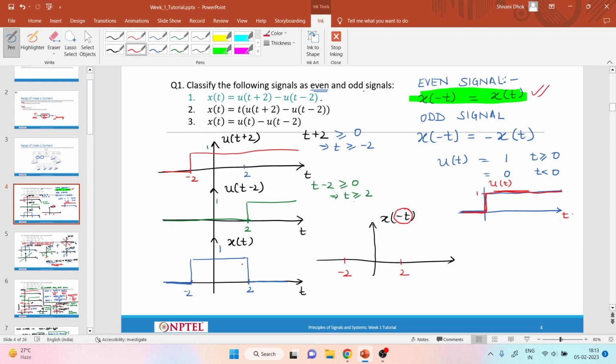Whatever was here at t equal to 2 will be here at t equal to minus 2, then from minus 2 to 2 it will be a straight line, and whatever was there at t equal to minus 2 will be present here. So this is the signal. Now if you observe these two signals, they are exactly the same, which means that x of t is equal to x of minus t, so this signal is an even signal.